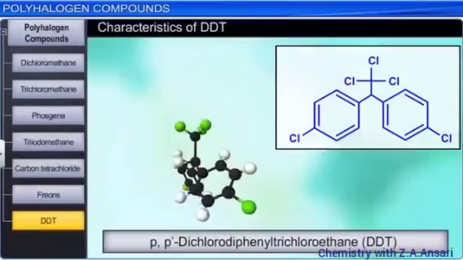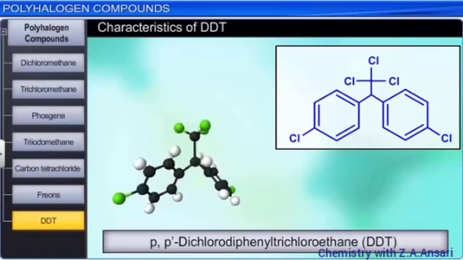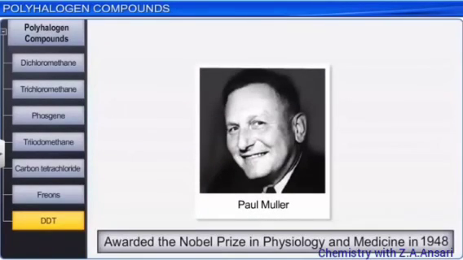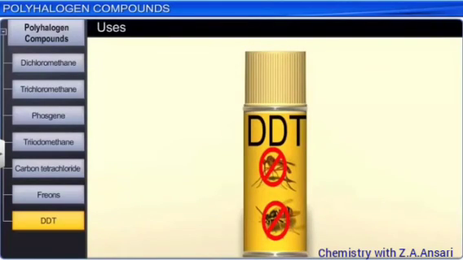The final compound that we'll discuss is known as DDT. Paul Mueller was awarded the Nobel Prize in Physiology and Medicine in 1948 for his discovery that DDT could be used as an insecticide.